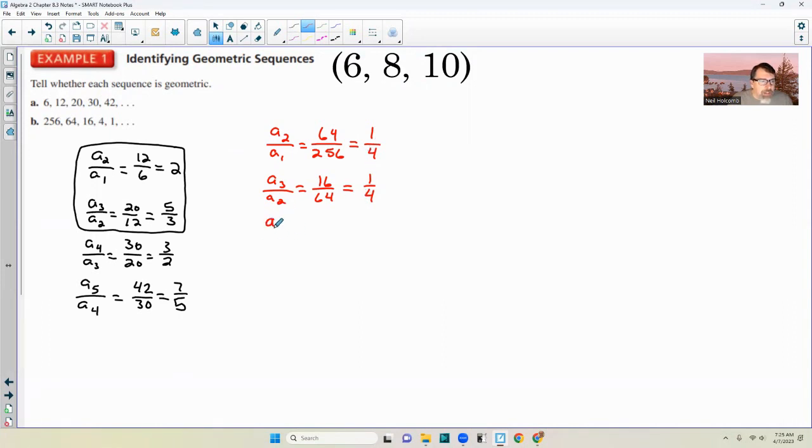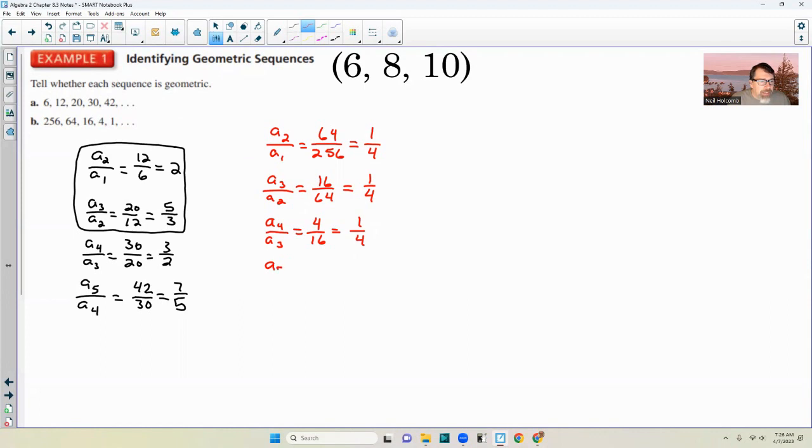So then I'm going to check another one. You got to keep going and check them all until you find a difference to determine it's not. To determine it is, you have to check every one. Next one is going to be a sub 4. Fourth term is 4. Third term is 16. And 4 goes into 4 once. 4 goes into 16 4 times. It's a quarter again.